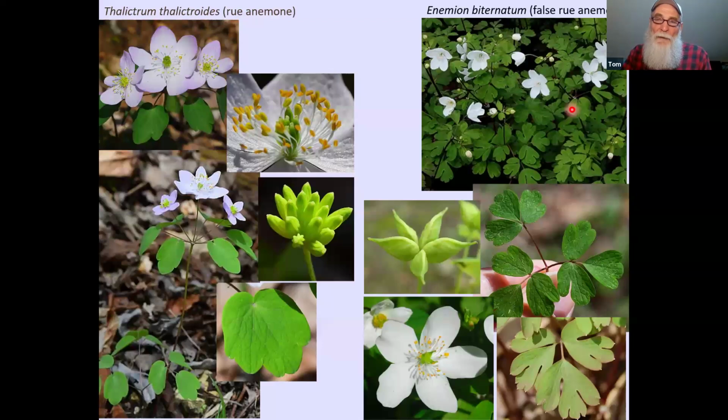Whereas in false ruin enemy, the flowers come out of the leaf axils, and they can be single, or there can be 2 or 3 of them on a single peduncle, so that varies.